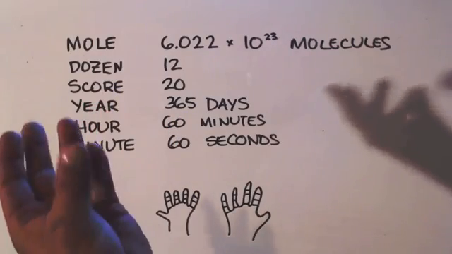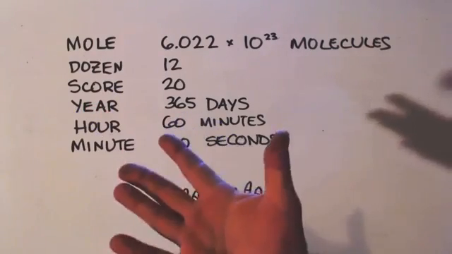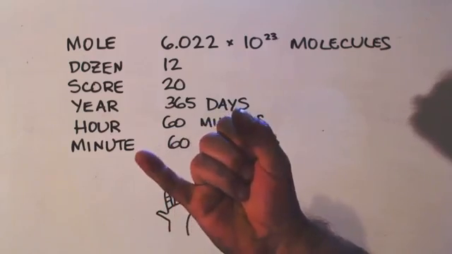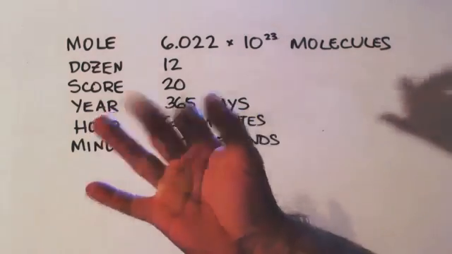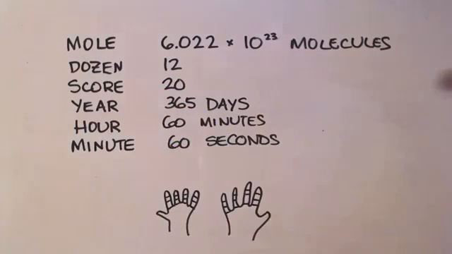Now, each time you get to 12 on one hand, you put up a finger on the other hand. Then you count another 12 and put up another finger. How many fingers are there? 5. 5 times 12 is 60. That's why they based it on 12 and 60. It was easy to count. They had no calculators. That's just a little FYI.